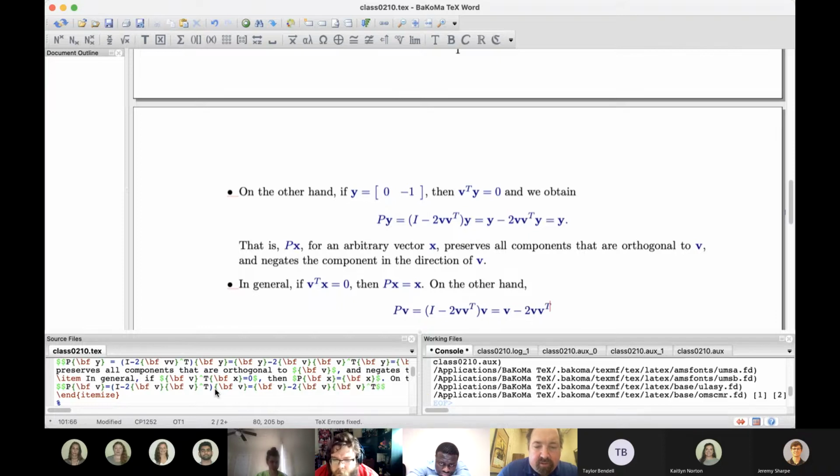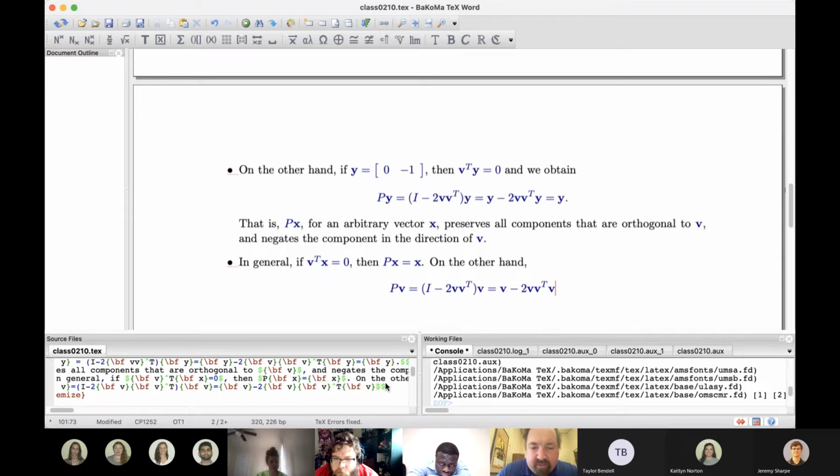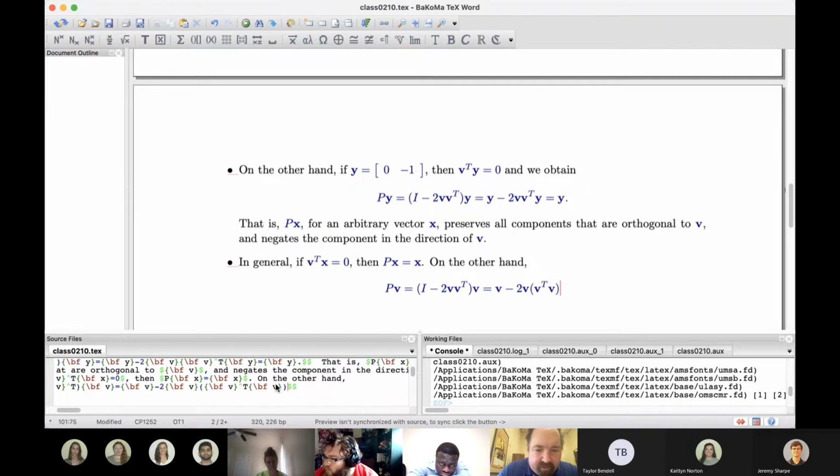Now, v transpose v is an inner product. I'll put parentheses around that. But v is assumed to be a unit vector. I want to emphasize that here.